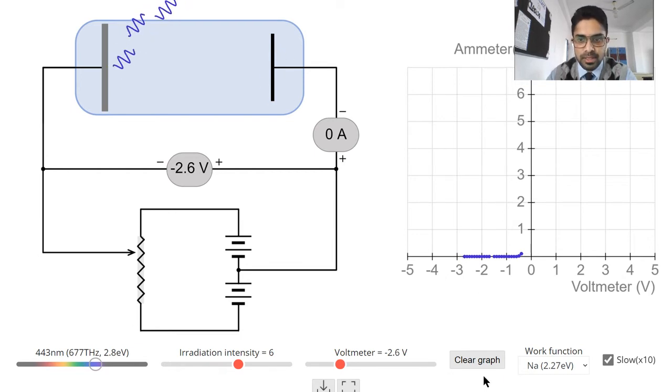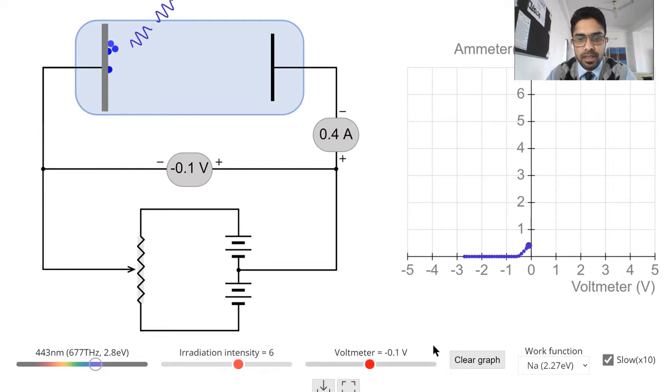Let's see in this graph. As you can see, as I'm increasing here, the voltmeter values are increasing. Now you see the voltmeter's value is at minus 0.1 volt, which means this collector is still negative, but we are seeing a rise in current. This black one is the collector plate.